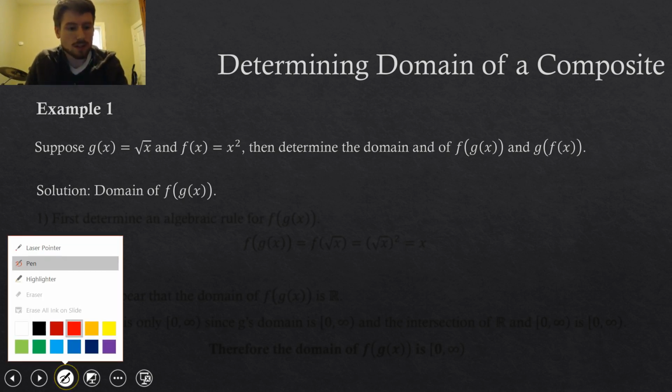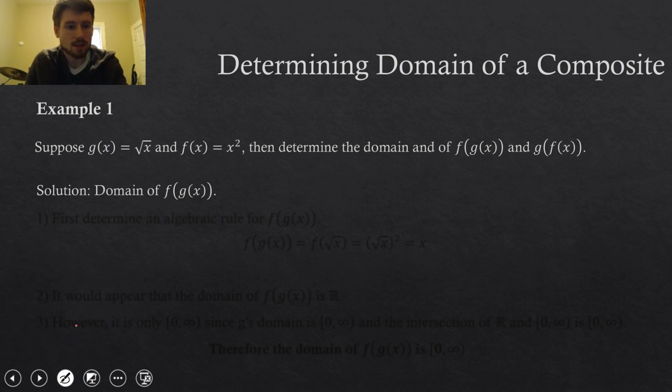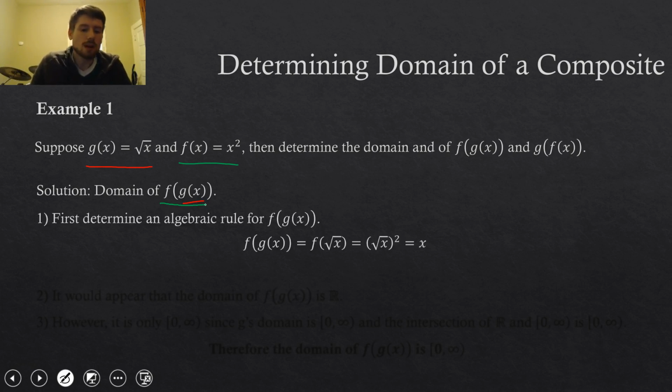So let's first look at f of g of x. So the order of this is we're taking this function, which is g of x, and plugging it into this function, which is f of x, okay? So let's first make an algebraic rule for f of g of x. So how do we do that? Well, we take g of x, the inner one, we replace it with what it is.